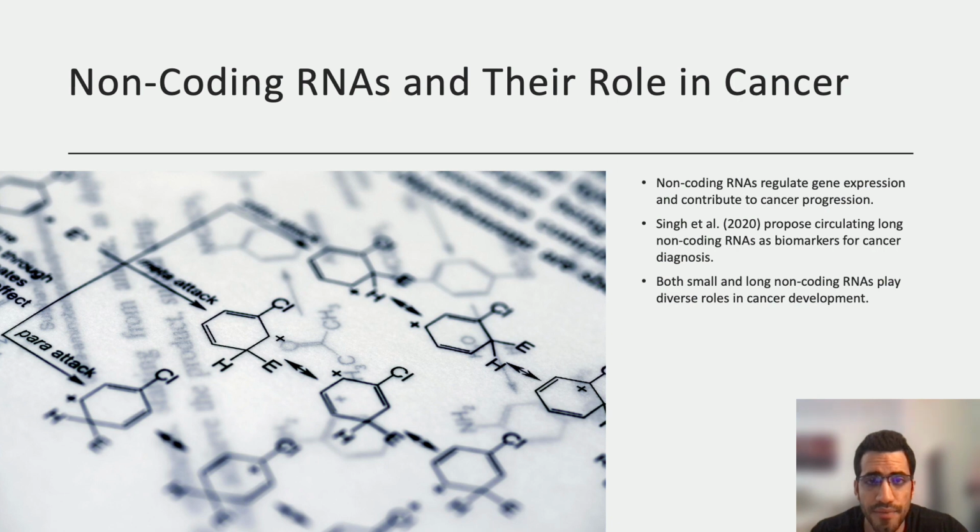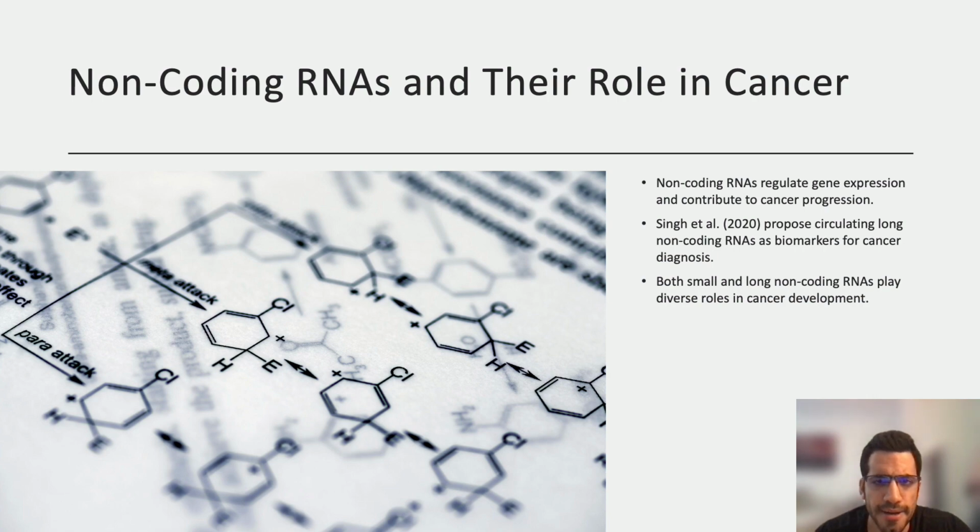They both have, like I said, important roles in cancer development because they work at different levels, such as histone modification, transcriptional regulation, and post-transcriptional regulation. So they're going to be very important in the realm of cancer therapy and clinical outcomes, as we can see in the next slide.